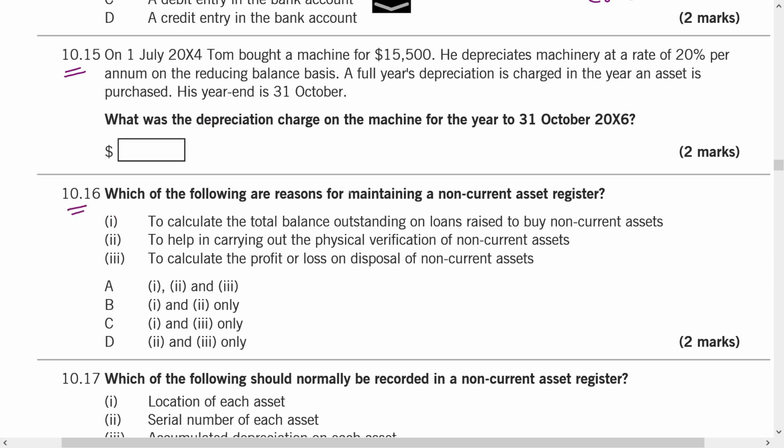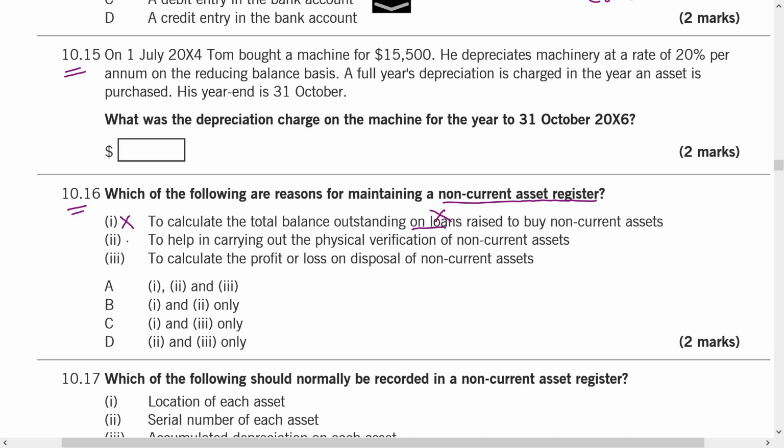Now next we have question number 16. Which of the following are reasons for maintaining a non-current asset register? First of all we have option 1, to calculate the total balance outstanding on loans raised to buy non-current assets. We are not talking about loans here, we are talking about the purpose of non-current asset registers. So this option is incorrect. Next, to help in carrying out physical verification of non-current assets.